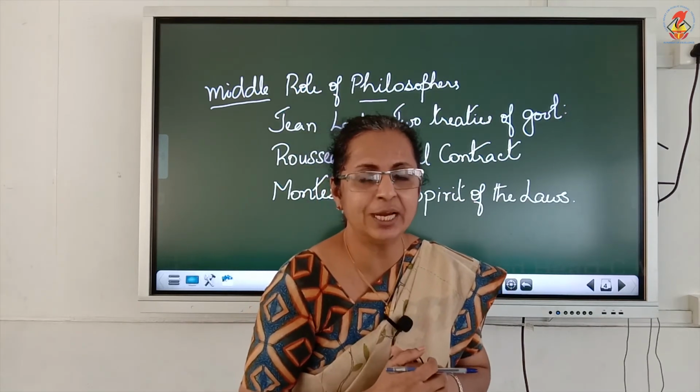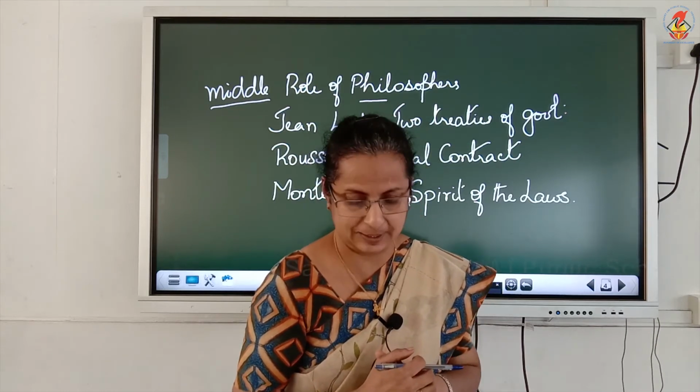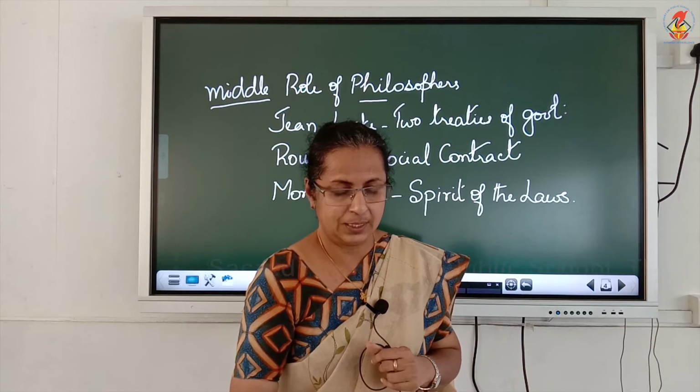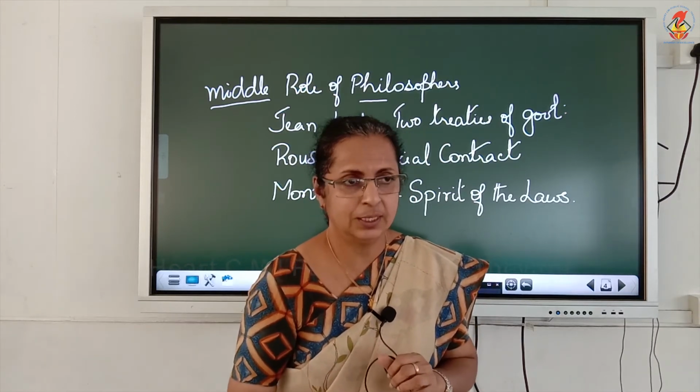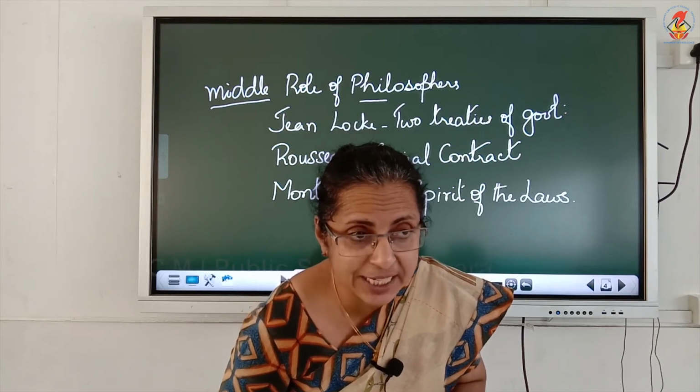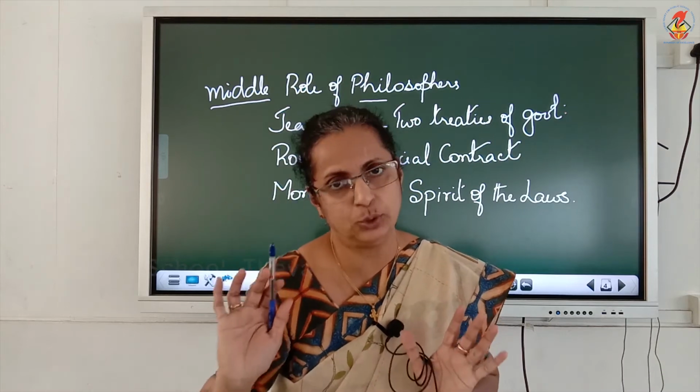Those who were able to read it were inspired by these thinkings and ideas. They were trying to put forward to the people that they should go for a society based on freedom, equality and opportunities for all.